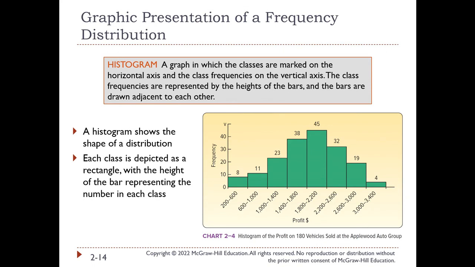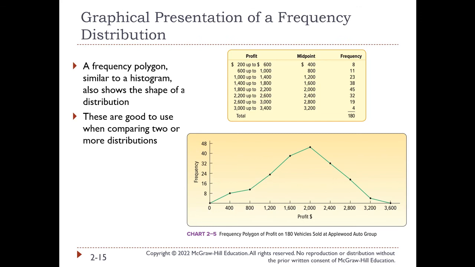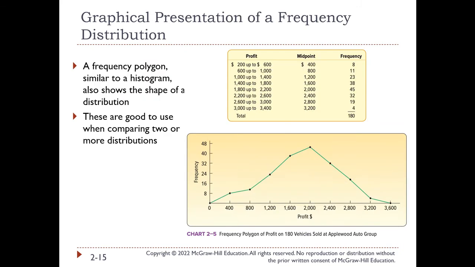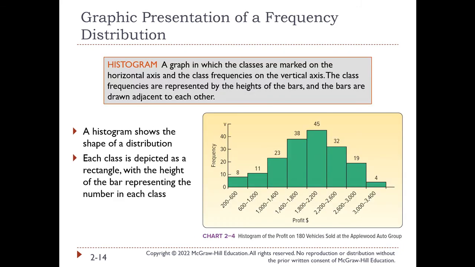Now there's another frequency distribution, known as a frequency polygon. It's a different shape already. This looks more like a mountain. It is a line chart, but notice that it's not using the end numbers, like down here in profit.